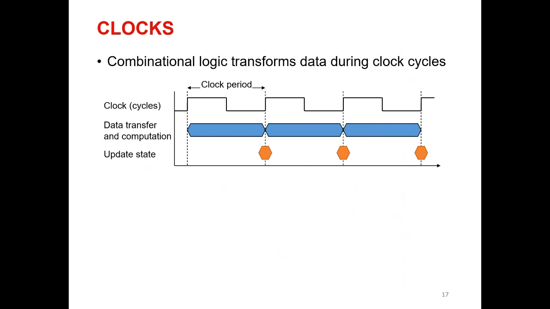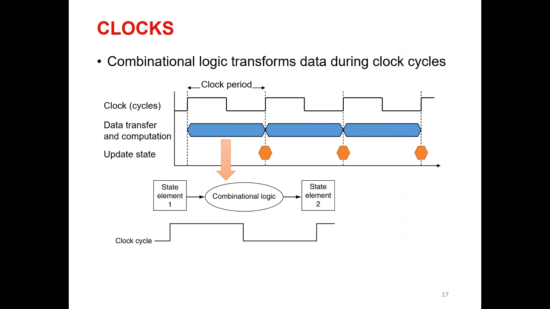We have also mentioned that during the clock cycles, what we do are data transfers and computations. This is what we do with the combinational logic we have seen in previous lectures. And these states, for instance here and here, are updated at the rising edge.